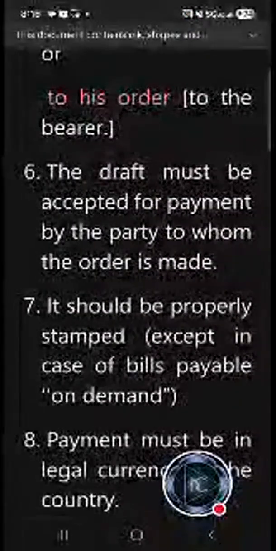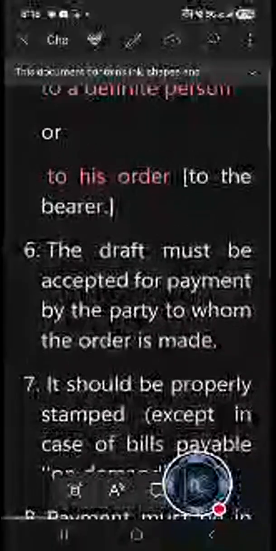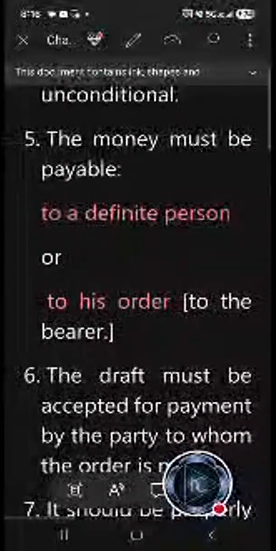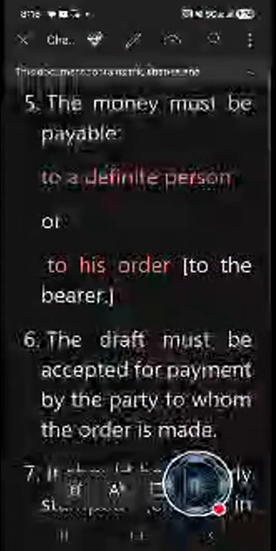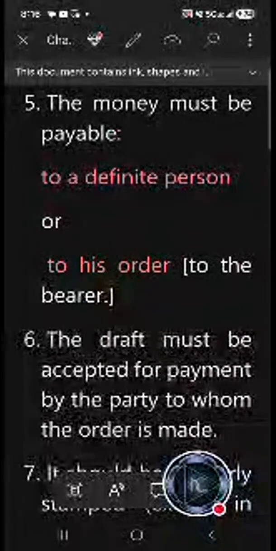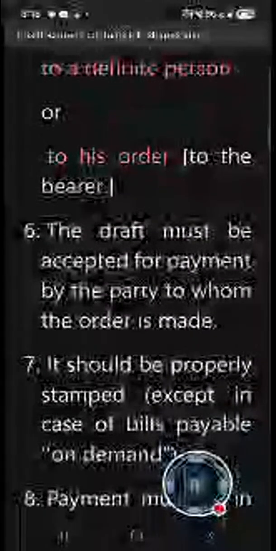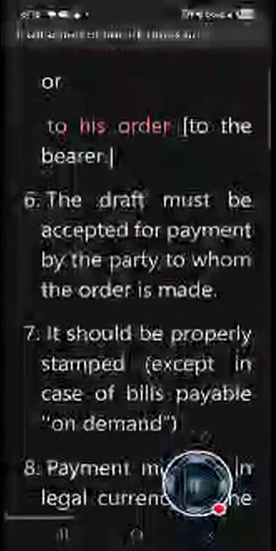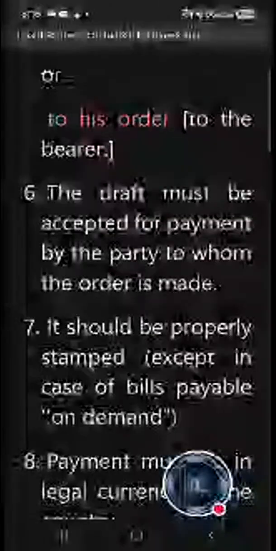Hmm. My only understanding of money and how this could be applicable is this section that speaks to his order to the bearer. It is when a check is drawn upon your account, right?